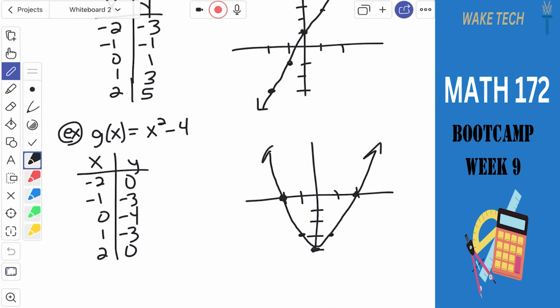Again, once we have the points, we plot them and connect the dots to get the graph. Questions about that one?